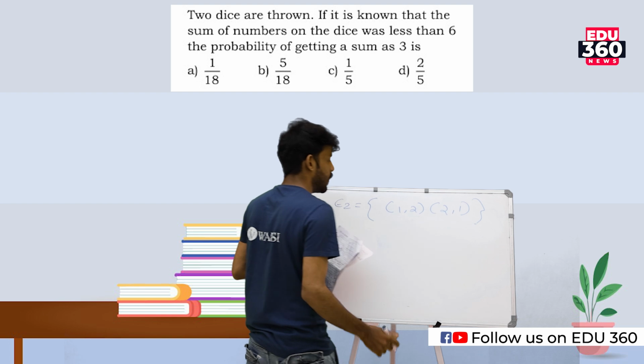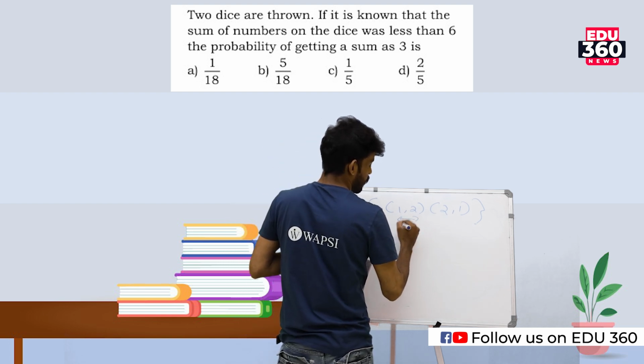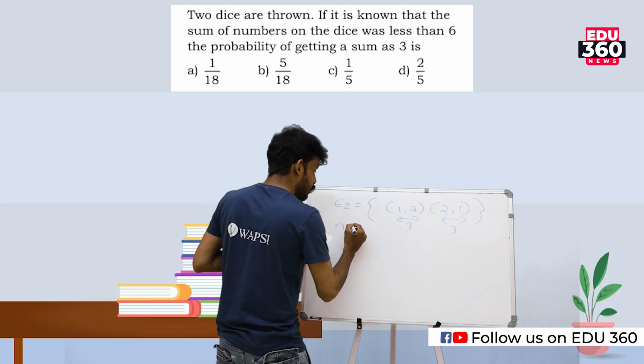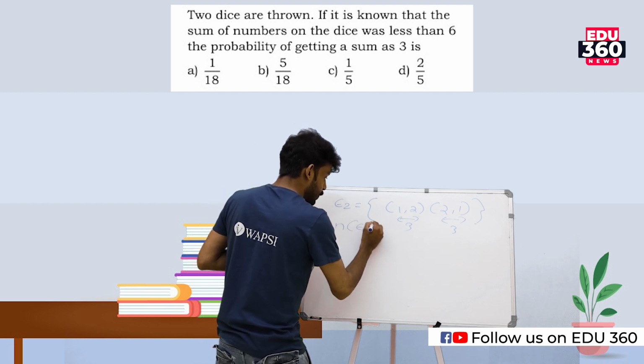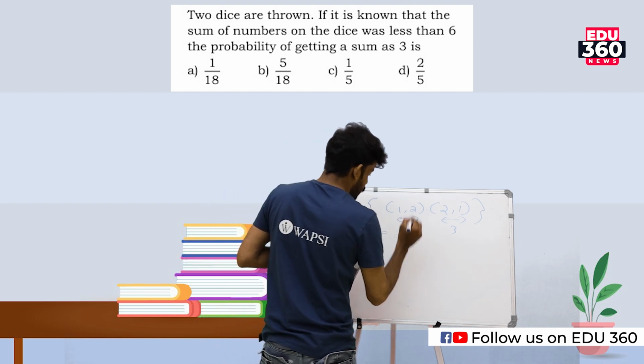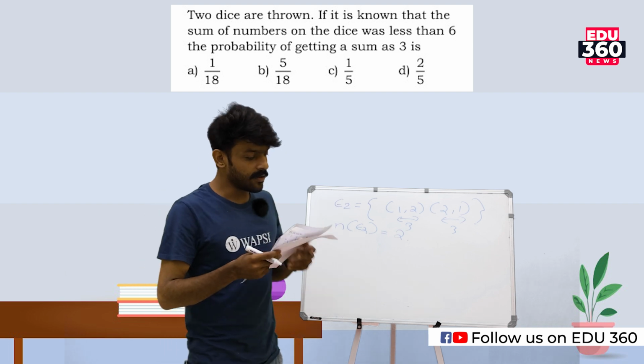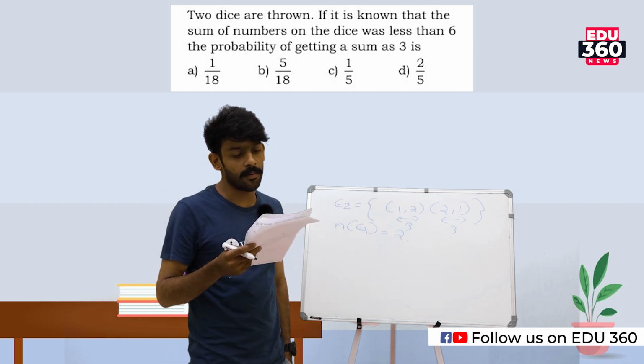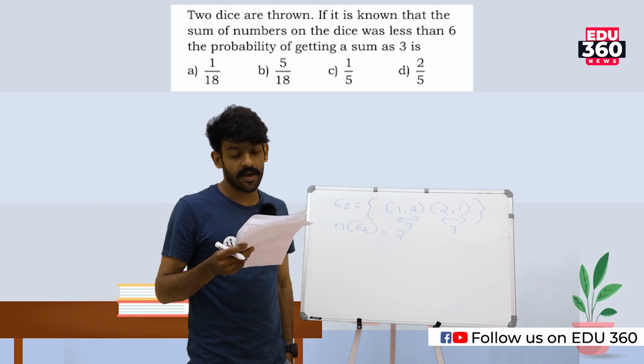Here also the sum is 3. So n of E2 is equal to 2.